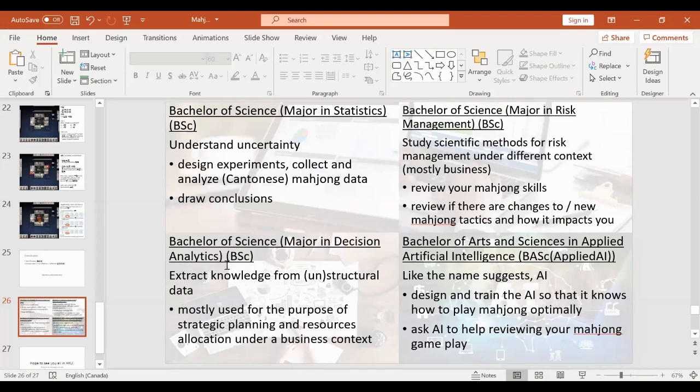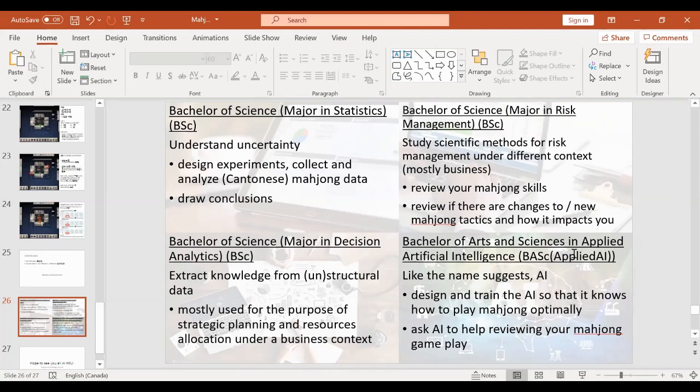For decision analytics, it essentially refers to extracting knowledge from structured or unstructured data. And honestly speaking, decision analytics is usually used in a business context, so it has less to do with Mahjong.